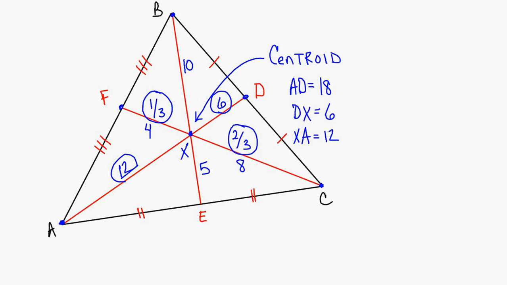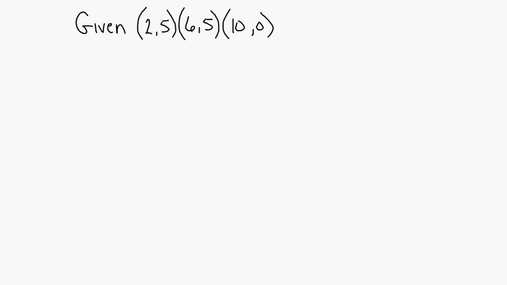Then you're going to be given the vertices of a triangle in this form: 2, 5, 6, 5, 10, 0. And you're going to be asked to find the centroid.